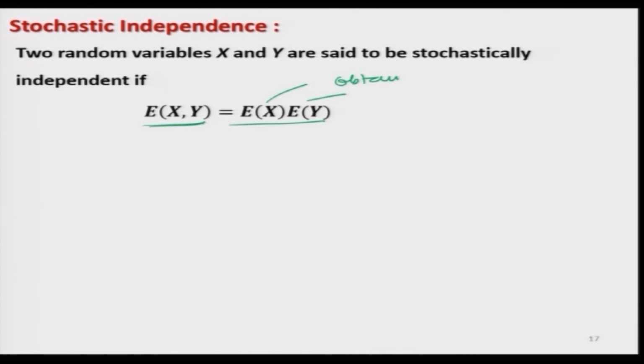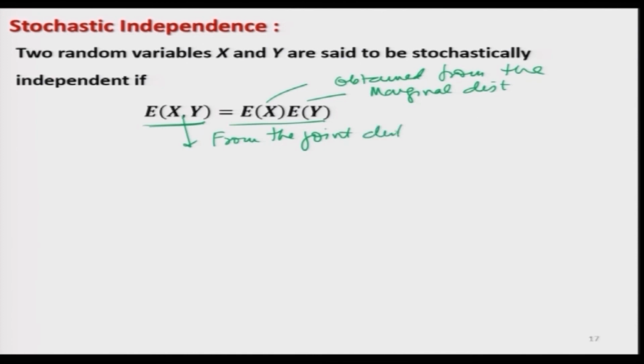Remember one thing, this is obtained from the marginal distribution, and this is obtained from the joint distribution. So, from the joint distribution first you have to obtain the marginal distribution, and then you have to take the expectation, that will give you these values. So, if you can satisfy this condition, then the random variables are going to be stochastically independent.